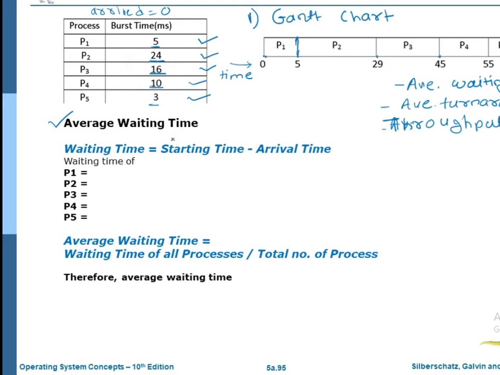To calculate the average waiting time, first we have to calculate the waiting time of each process, and then divide the total time by the number of processes. The formula of waiting time is starting time minus arrival time. Waiting time is nothing but the time which a process spends waiting to get the CPU.